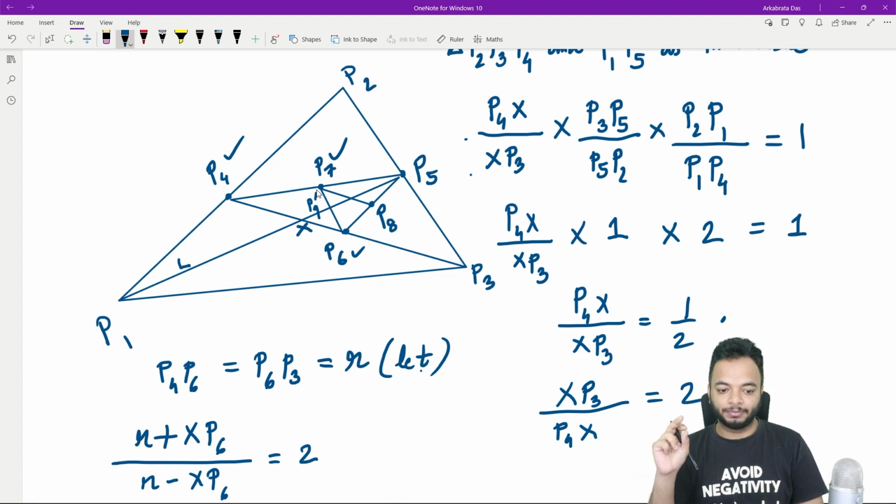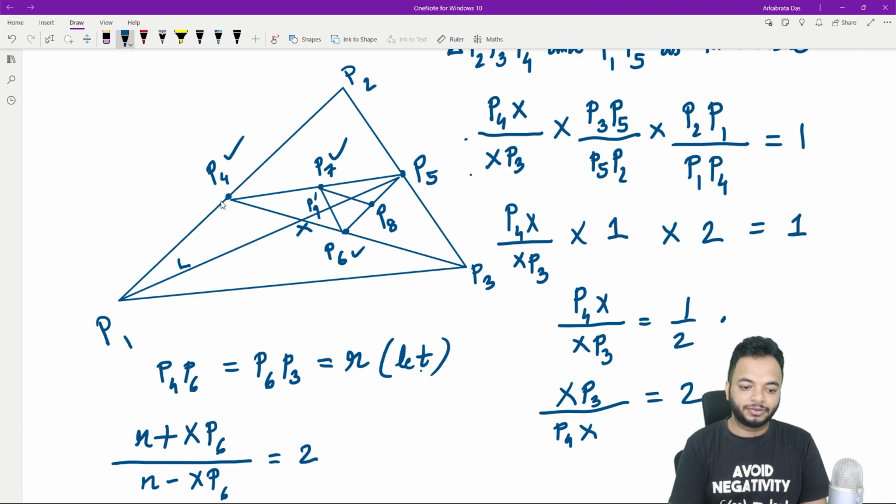And if I am done, then I am proving that P9 dash is the midpoint, and that is equal to P9. So I'll be using triangle P4 P6 P7 and transversal P5x.